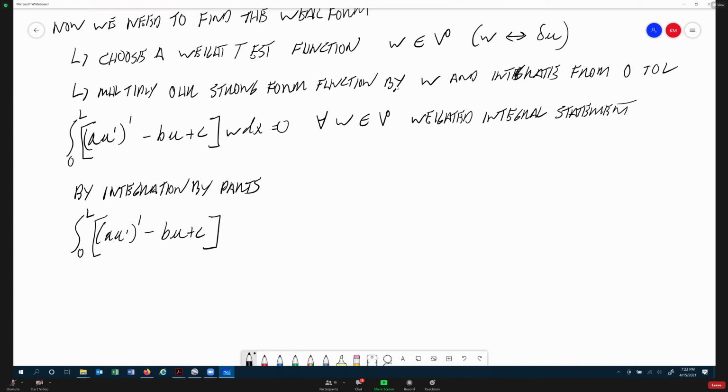Scratch that. W dx minus integral of 0 to L B U W dx plus integral from 0 to L C W dx is equal to 0.